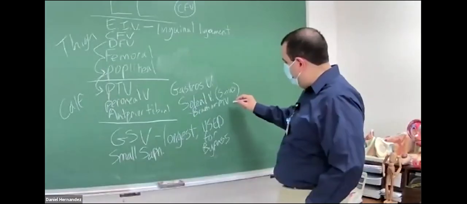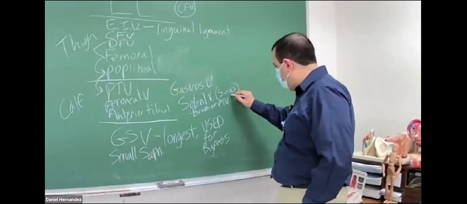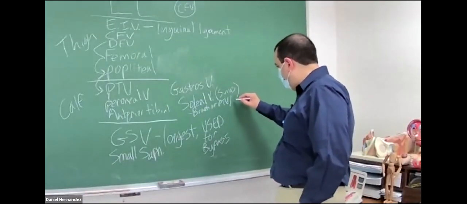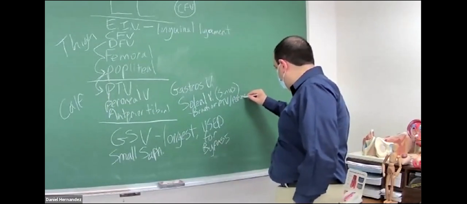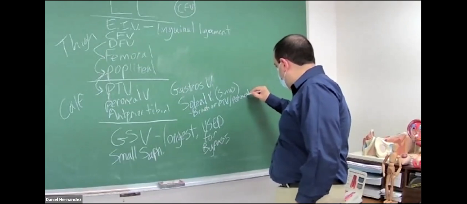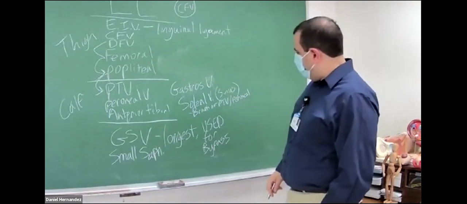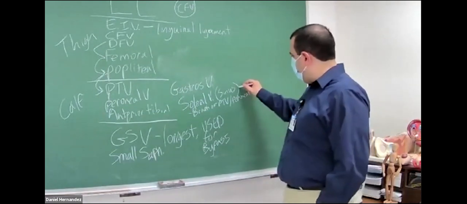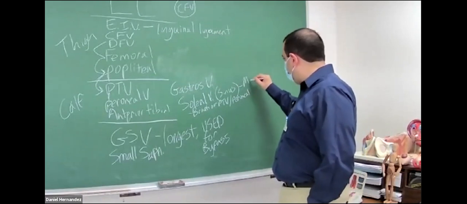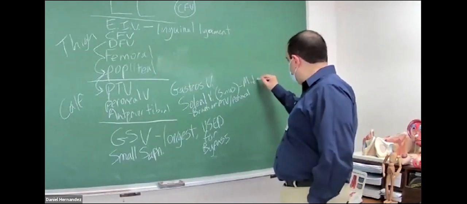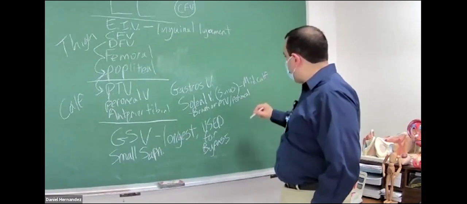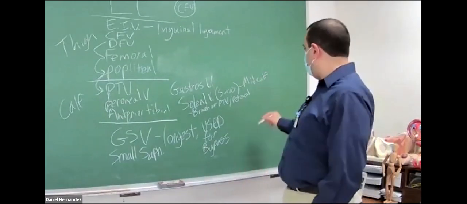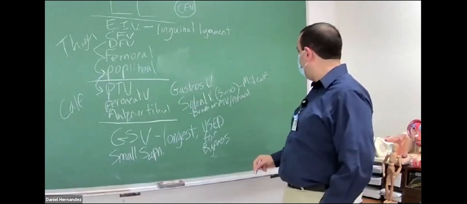So soleal vein, that is going to be a branch off of either the posterior tibial or peroneal veins. This one, the soleal vein, you'll typically see around mid-calf. When we get in the lab and start scanning this, I'm going to show you exactly where to locate this vessel.